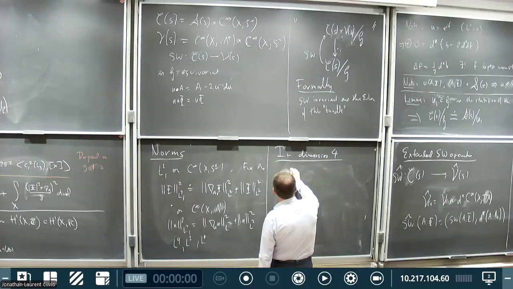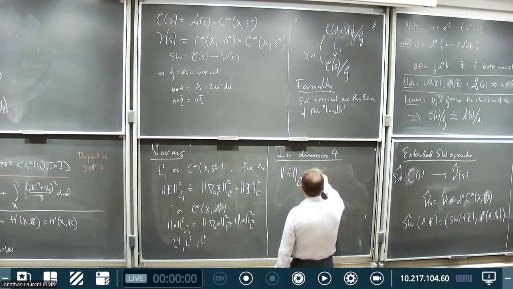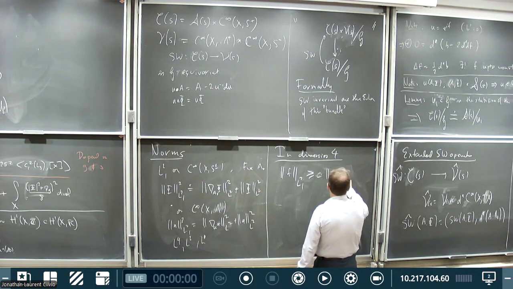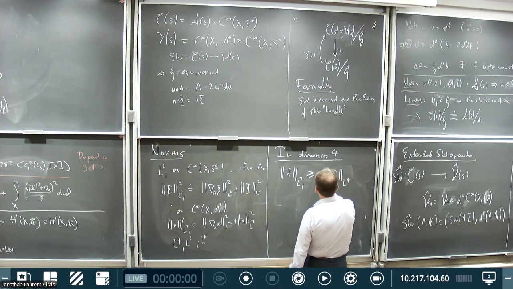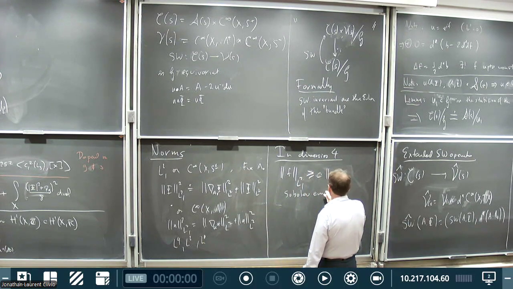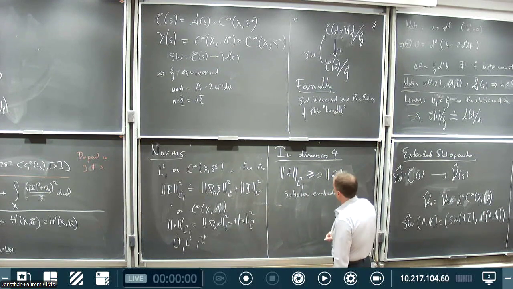The key fact that we're going to need is that if you have a function, its L2 one norm controls its L4 norm. That's called the Sobolev embedding.